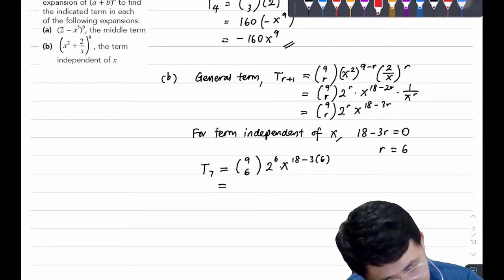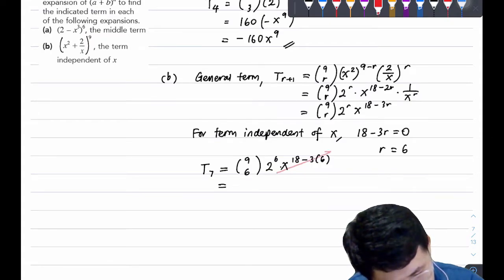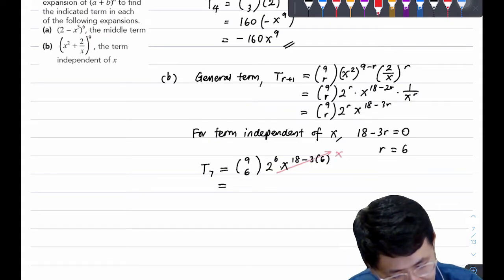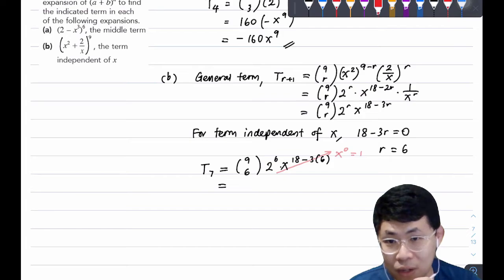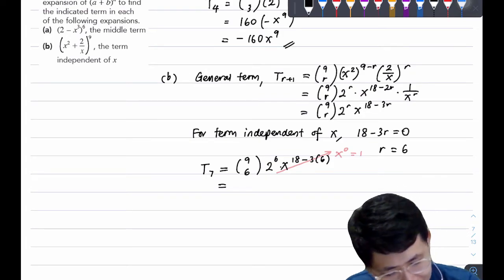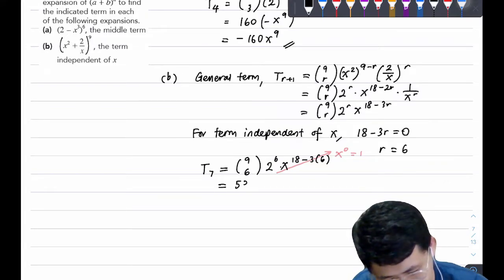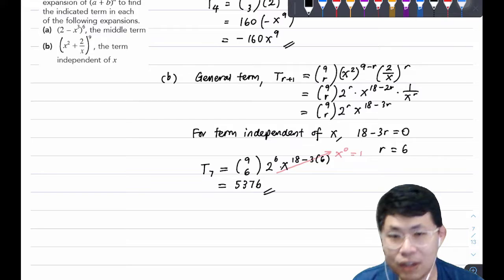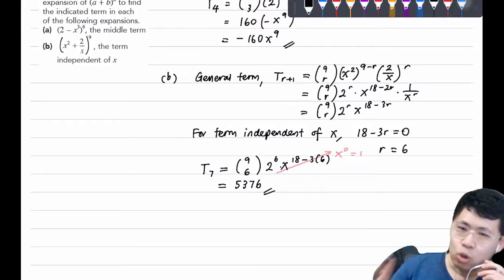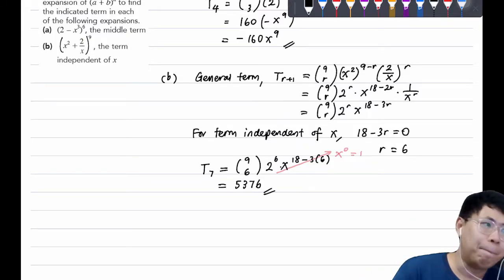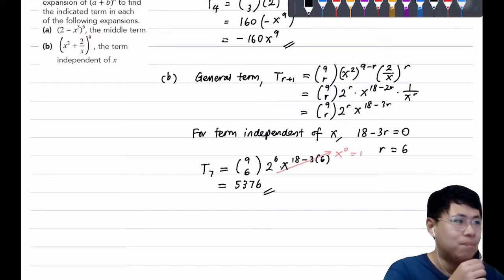So this one over here, 18 minus 3r, because this will be x to the power of 0, and this will be equal to 1, correct? 18 minus 18, so what is left is just calculator, 9 choose 6 times 2 to the power of 6, so this will give me 5376. So the term independent of x doesn't have the x, so it's just a constant term. Okay, so this is try 10.